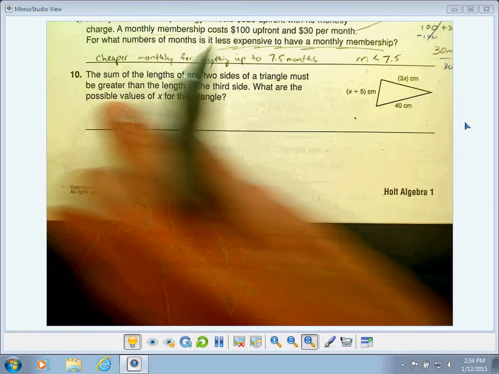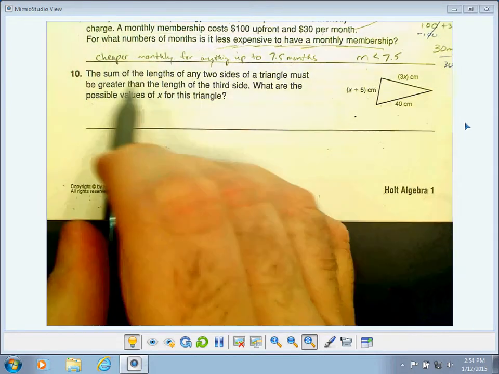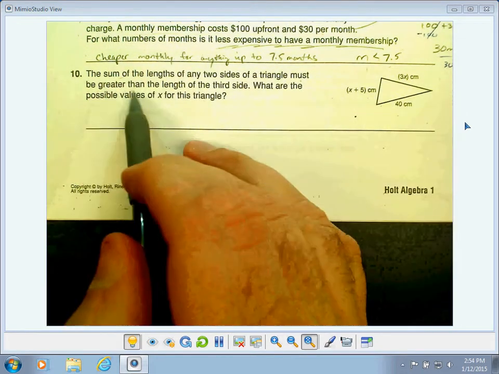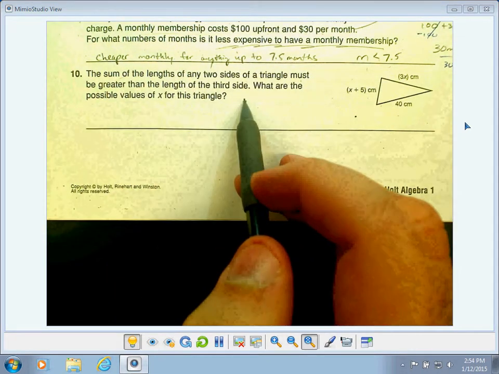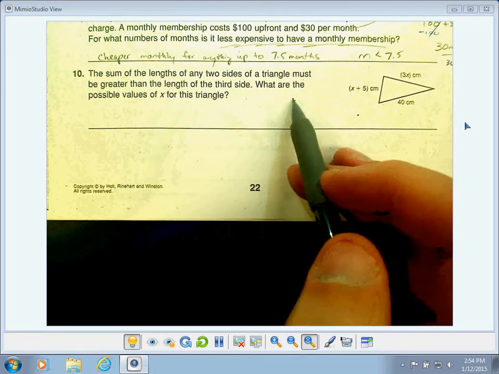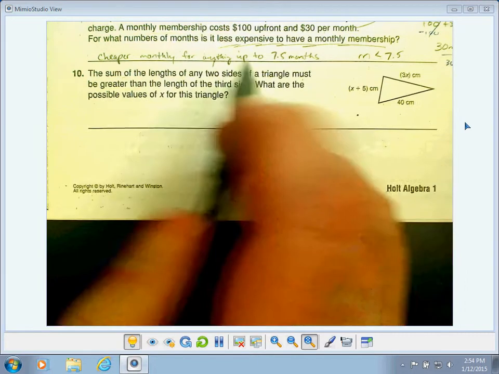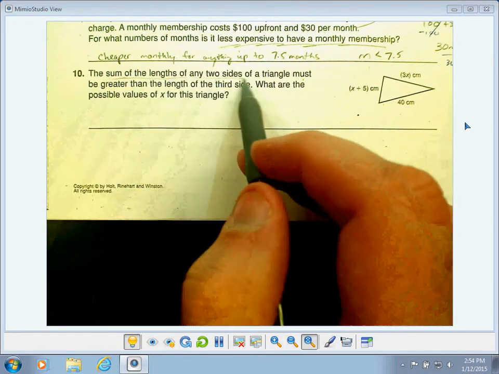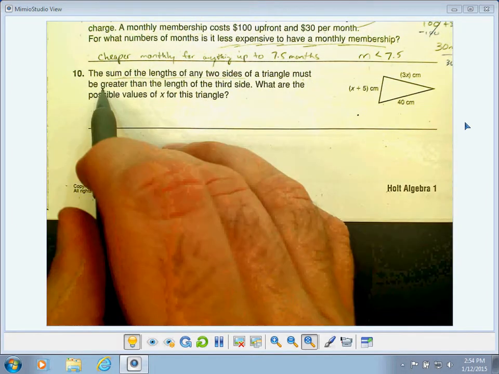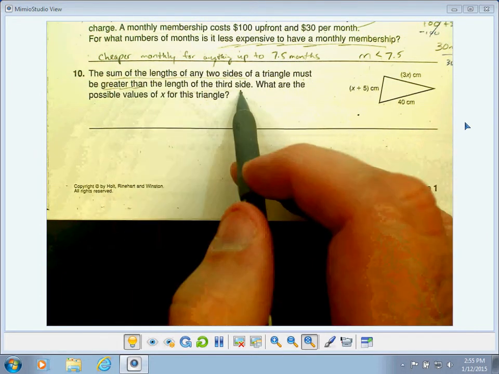Okay, last one. Again, keeping the idea of the inequalities in mind, how we're supposed to write it. It says the sum of the lengths of any two sides of a triangle must be greater than the length of the third side. What are the possible values of x for this triangle? The sum of the lengths of any two sides, so I can pick any two sides, and they must be greater than the length of the third side.